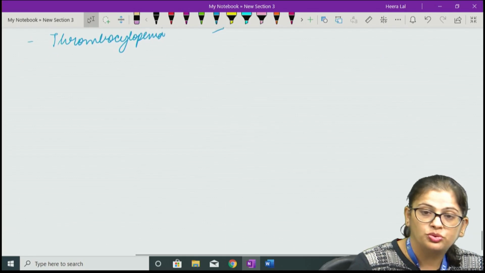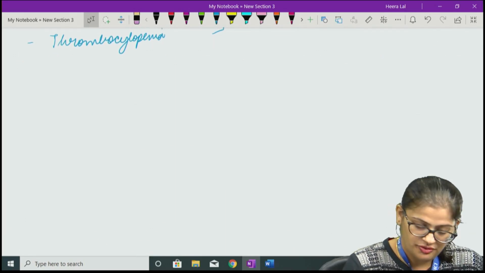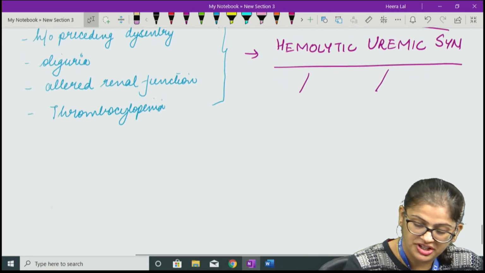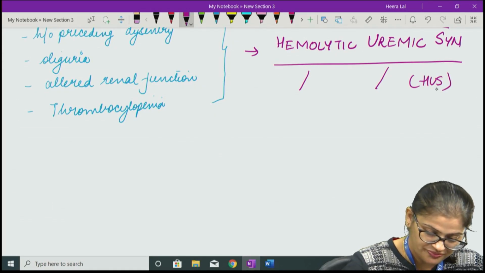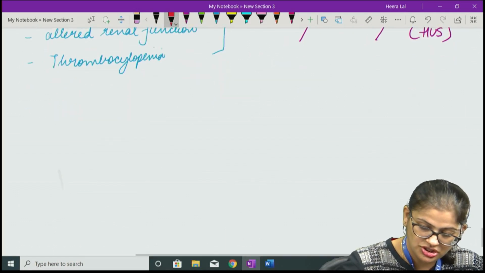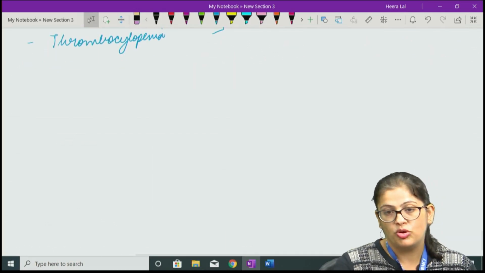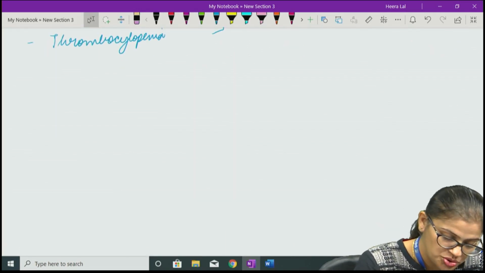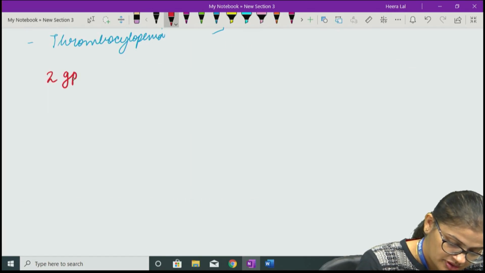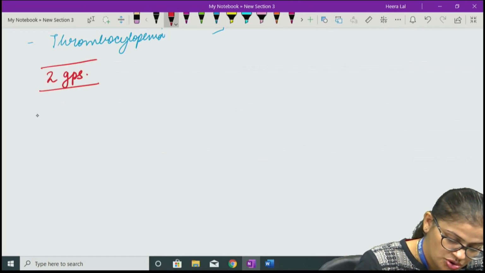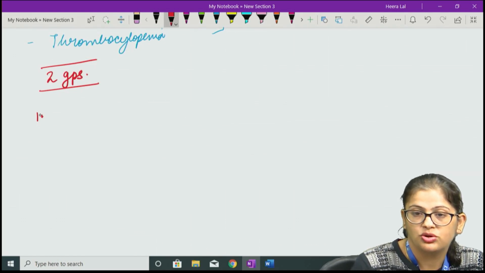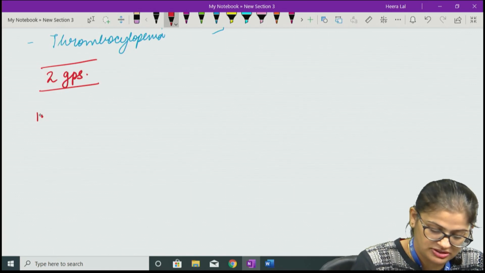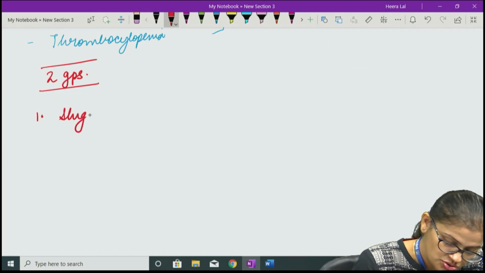There are a few things that you should know about hemolytic uremic syndrome or HUS. Children with HUS are classified into two groups. The first group usually results in children who get affected by Shiga toxin producing enteropathogens, pathogens which produce Shiga-like toxin.